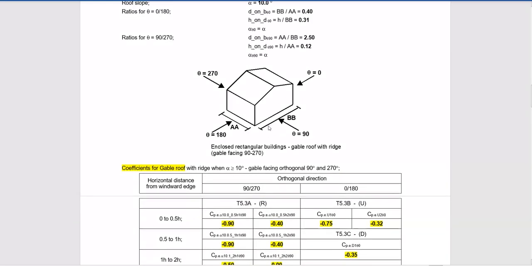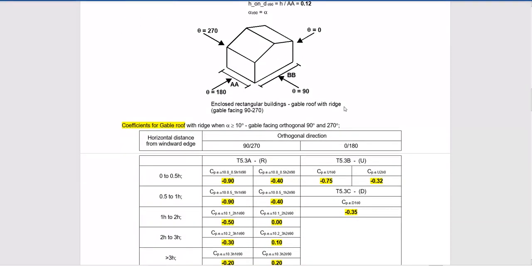So the side wall, what it says here is that when the wind comes here, this is my windward.